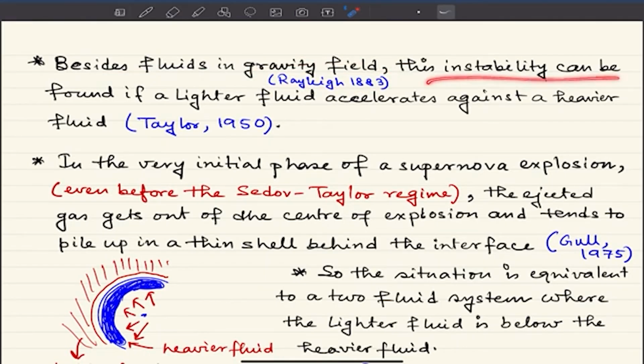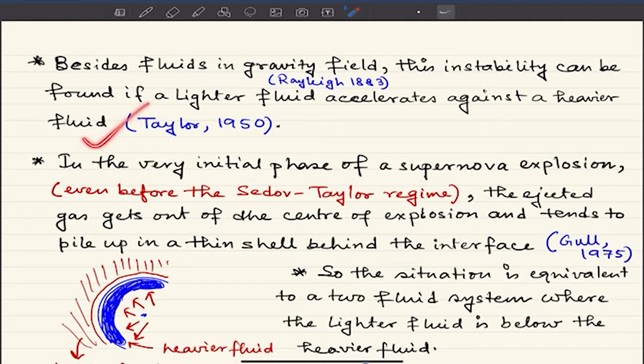But this instability can also be found if a lighter fluid accelerates against a heavier fluid. So the gravity field can be any other accelerating field, right? Of course, the accelerating field must act as a conservative body force field, which is very important. Otherwise it cannot be written as a gradient of some potential function, and the generalized form of the Bernoulli equation cannot be proved easily.